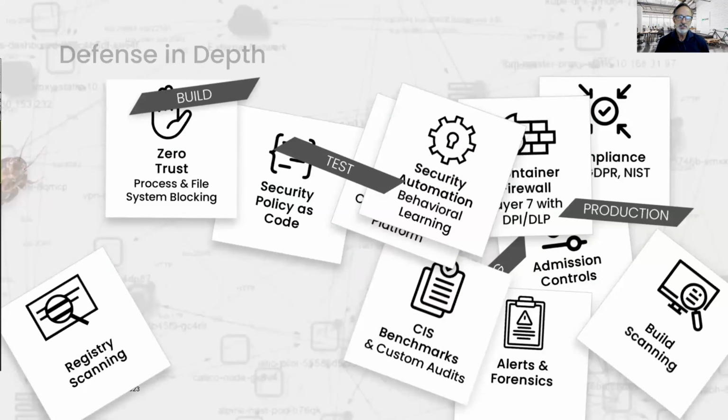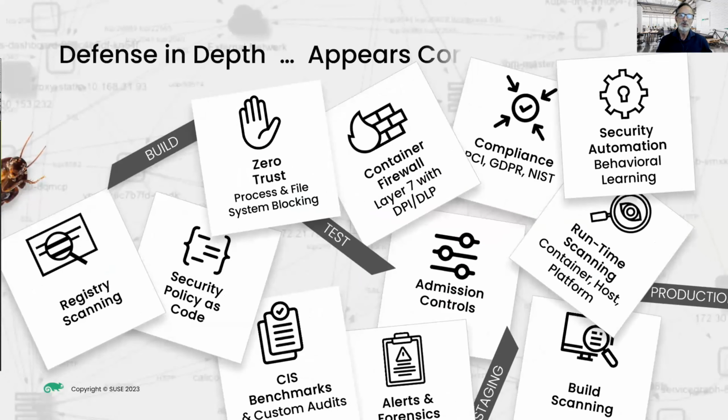So how do you protect yourself in this type of environment? Really, to address these challenges, you can't rely on a single security method for protecting critical processes and data. You must apply a layered security method that can be applied across a full application and infrastructure lifecycle. This is typically referred to as defense in depth, and it appears extremely complex in many situations.